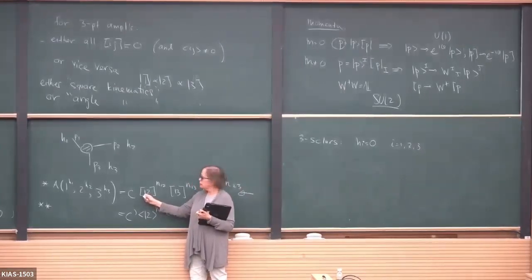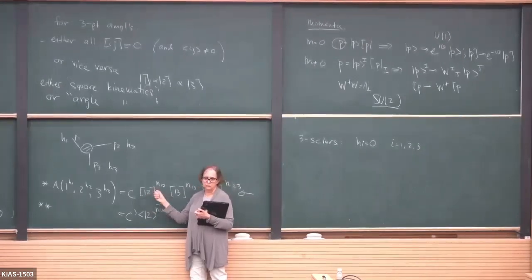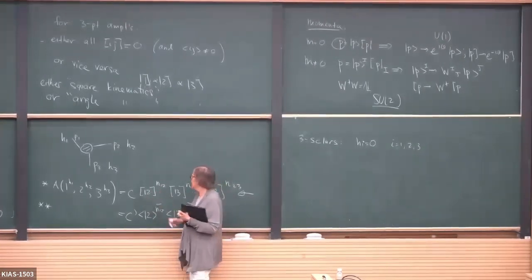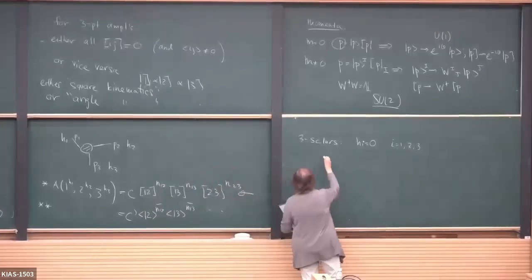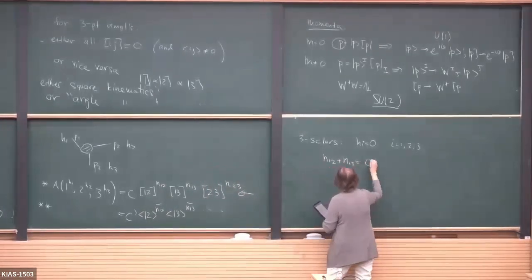I know that this 1 should not appear, because the scalar doesn't carry any polarization. So there shouldn't be any little group weight under 1 or 2 or 3. So altogether, n12 plus n13 needs to be 0.